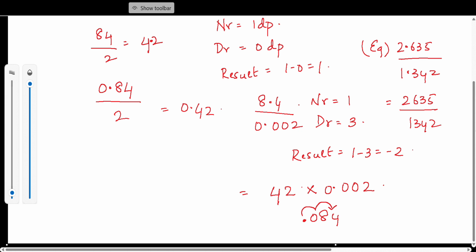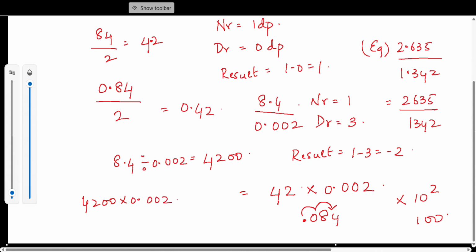If it should move 2 places to the right, it means it has to be multiplied by 10 power 2 or 100. So when you get a negative number in the result, it means instead of decimal places, that contributes to zeros. So here 8.4 divided by 0.002 would give us 4200.